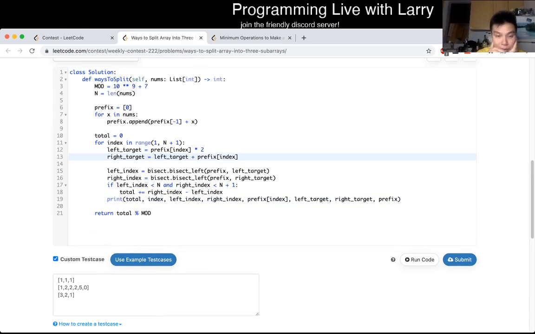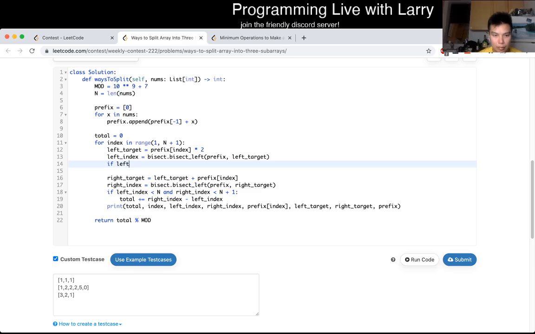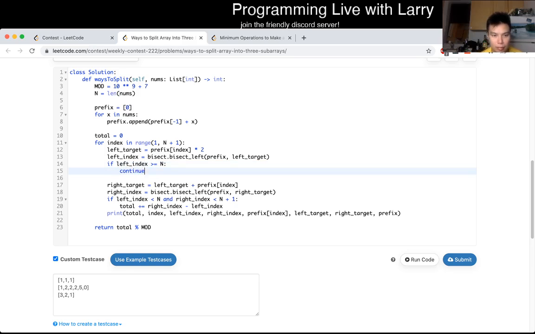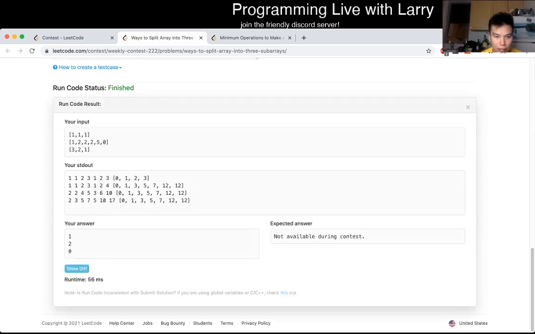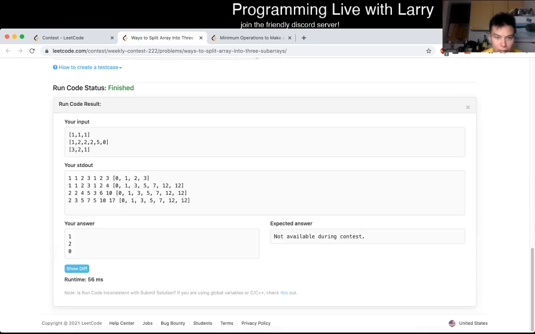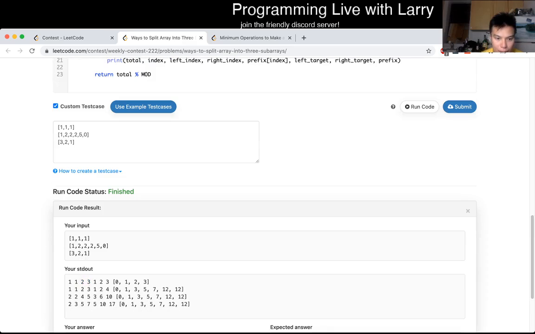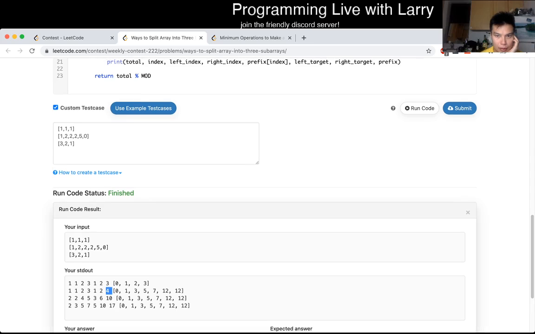So the right index is you go 2. Right target?